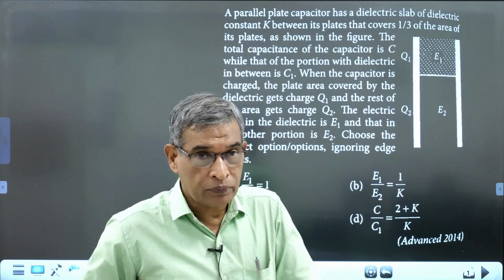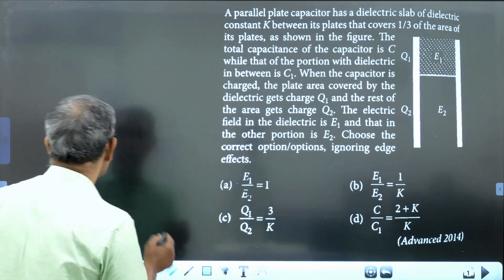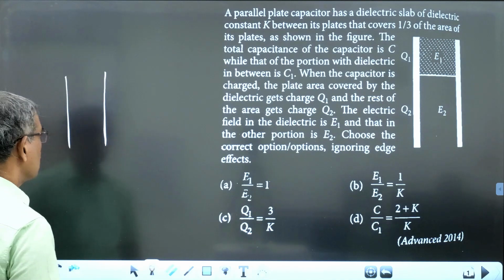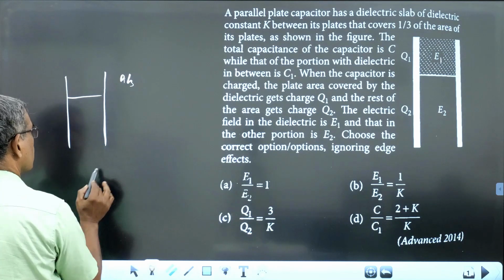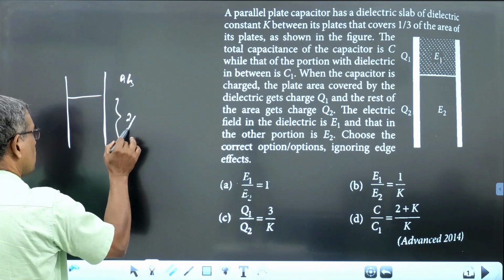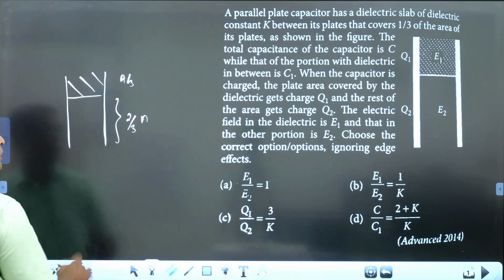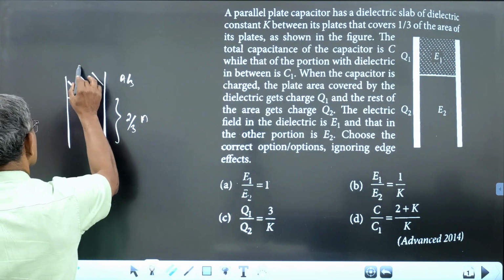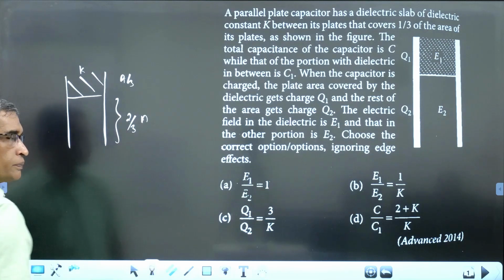If we draw this arrangement, this part has area A by 3 and this part has area 2 by 3 A. The one-third part is filled with the dielectric of dielectric constant K, and the rest is an air core capacitor.